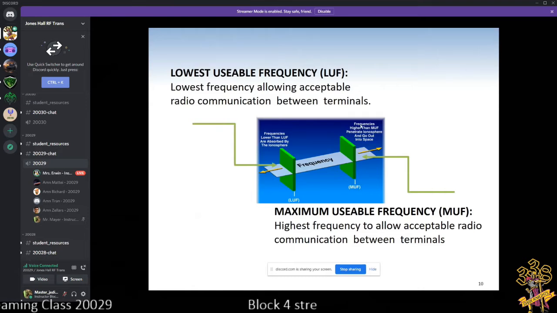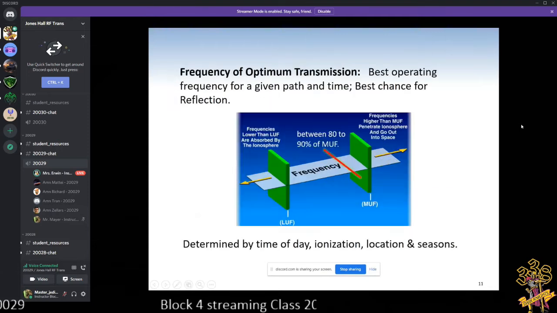Now, somewhere in between the lowest frequency and the maximum frequency is going to be your best frequency, and it's normally between 80 to 90% of that maximum. That best frequency is called your optimum, or your frequency of optimum transmission. That's the best operating frequency for a given transmission path at a specific time. That's going to give you your best reflection off that F layer.